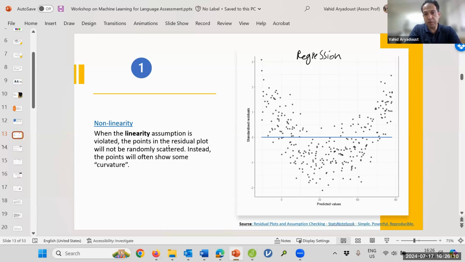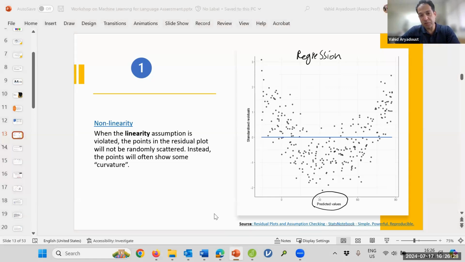Remember this plot, please. It's very important because it's going to function in different ways for us. In this regression plot, we are plotting predicted values. Do you remember what we called predicted values? It's a pop quiz. What do we call predicted values in a regression model?